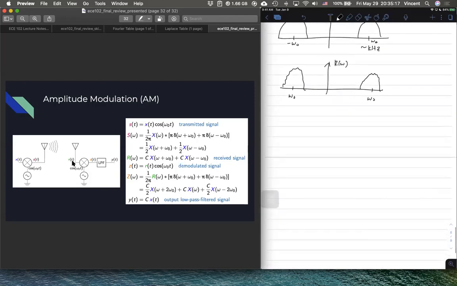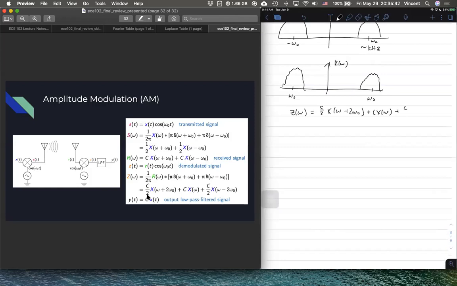Well, you mix the received signal with another cosine, and then if you look at the Fourier representation of that, I'm just going to copy this line here. So it's going to be C over 2 X of omega.